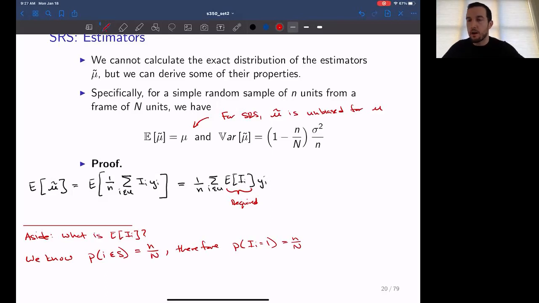The probability that an observation is selected for the sample has the same meaning as an observation having an indicator equal to 1. So regardless of how you write the probability expression, the probability of observing observation i is little n over capital N.